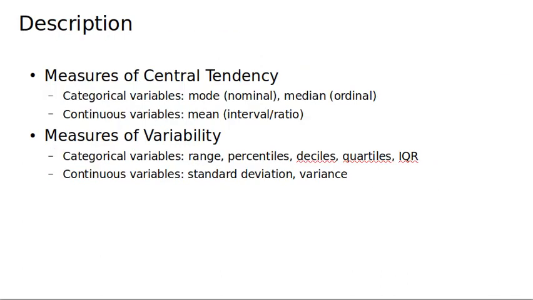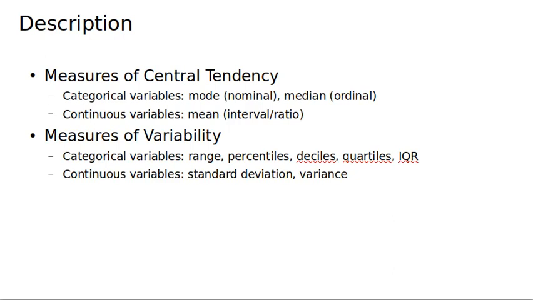We learned about different measures of central tendency and variability, and we had to look at different ones when we're considering categorical. Recall that categorical variables are the nominal and the ordinal variables, while continuous variables are the interval and ratio level variables. With the measures of central tendency, we learned about the mode, the median, and the mean.